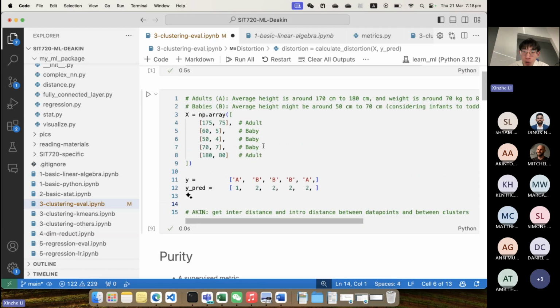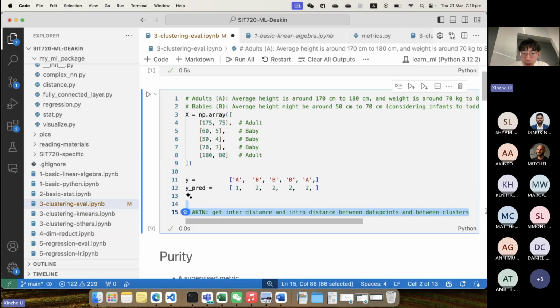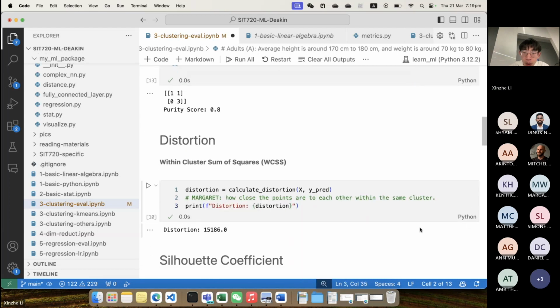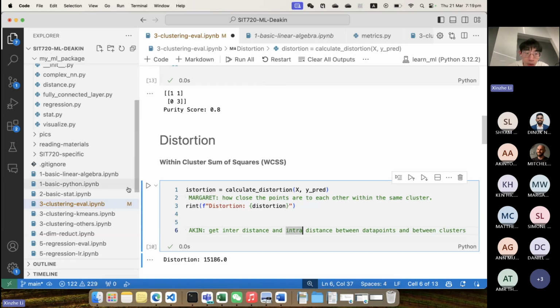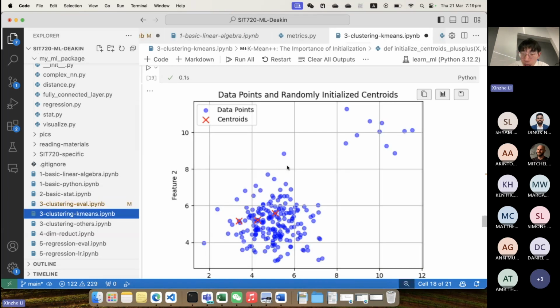Now let's go to the idea of Akin. What Akin said. Akin says, well, we need to care about interdistance. We don't only care about intradistance. Intradistance is what we care about as example here. We only care about the distance within the cluster.